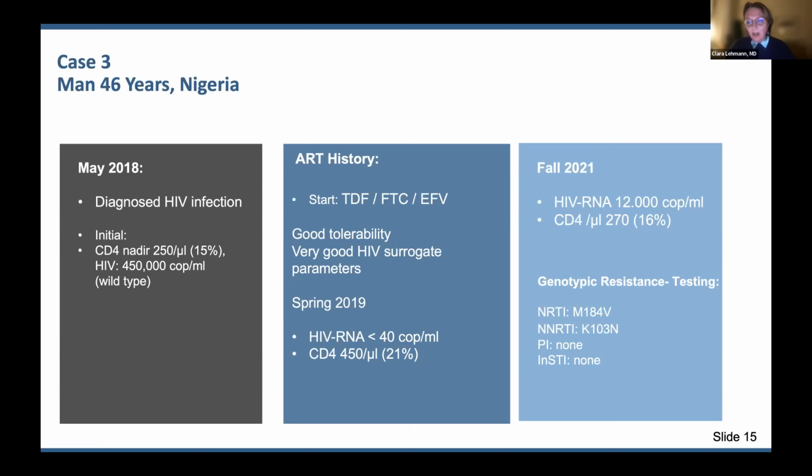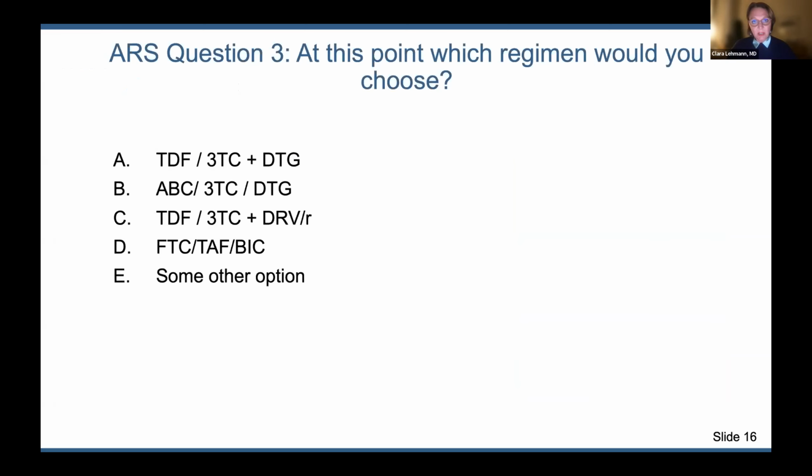And you see here the main mutations we could observe: the M184V and the K100N mutations.